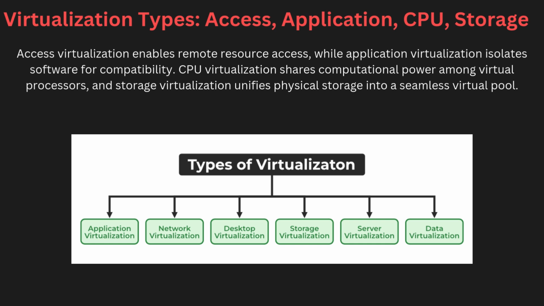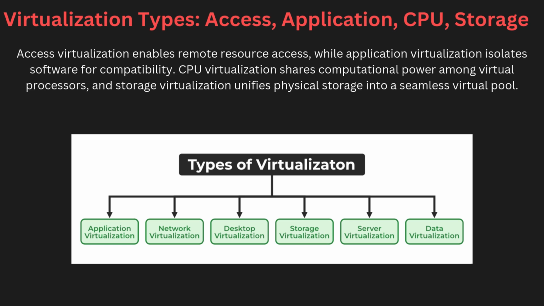So now the virtualization types. Virtualization manifests in various forms to cater to diverse needs, like access virtualization. It facilitates remote access to the system, enabling users to interact with resources anywhere in the world. Application virtualization isolates software from the operating system, ensuring compatibility across environments.